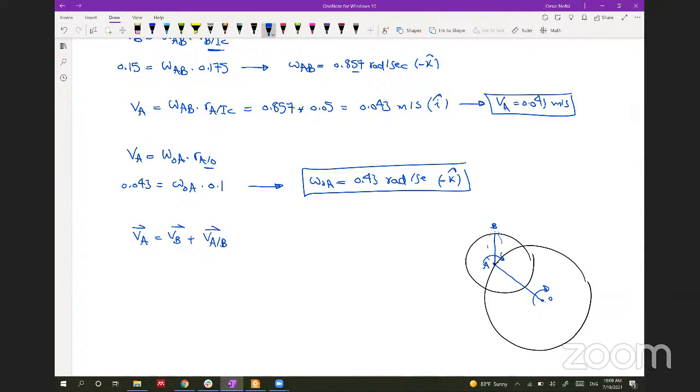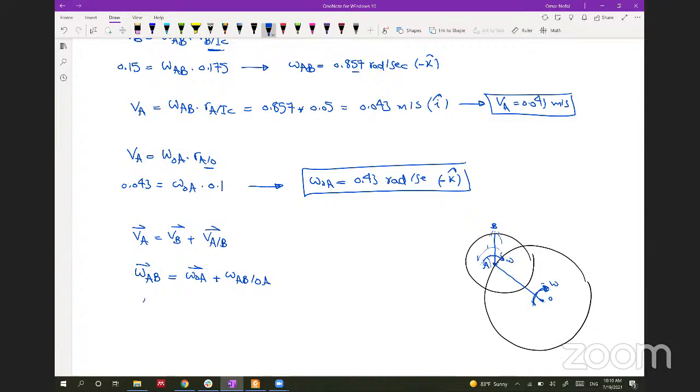So the omega of AB will be equal to the omega of OA plus the omega of AB with respect to OA, and all of these should be vectors. That is how much rotation this body AB makes about this point along with this one. So we sum both of these omegas. If this is counterclockwise, it will be in the negative direction.